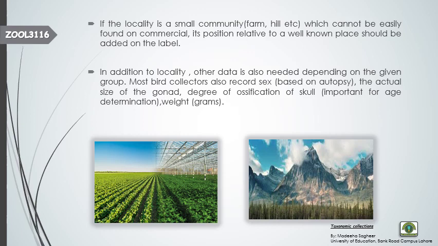Now, what is ossification? Ossification is actually the remodeling of the bones. Osteoblasts are added on the bones to make them grow and to make them new. So how many new cells have been added to the skull, or what is the degree of ossification, from which we come to know the age of our specimen. And weight is also important. Weight should be mentioned mostly in grams.